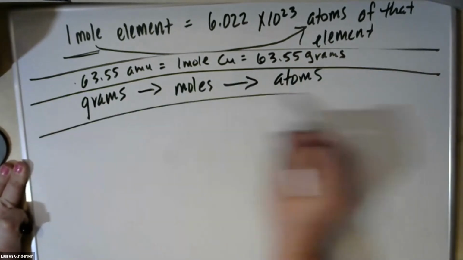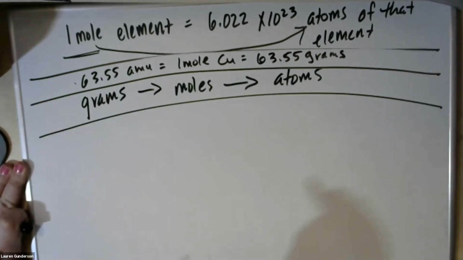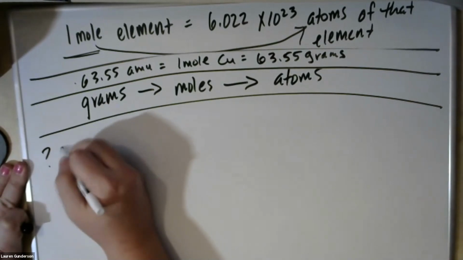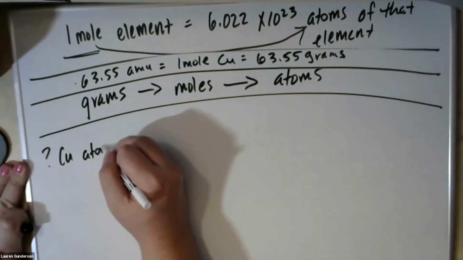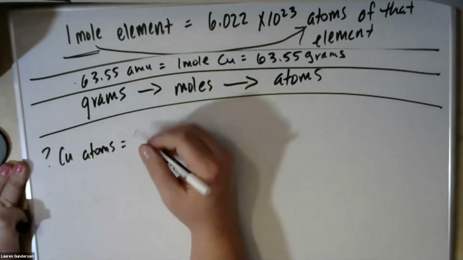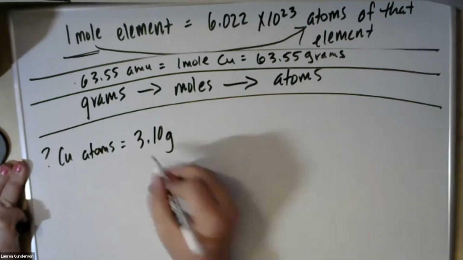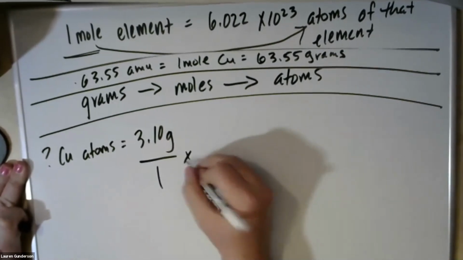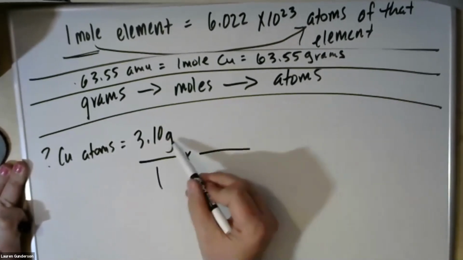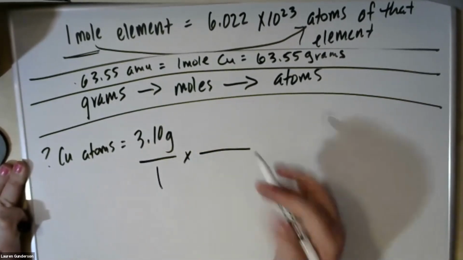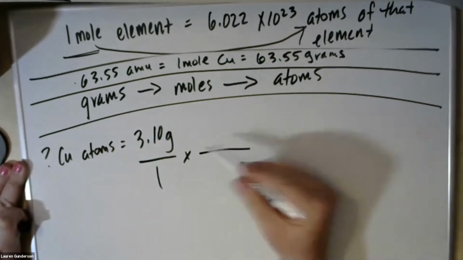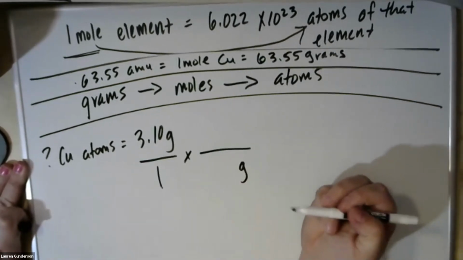Separate out all this information with these lines. So we want to know how many Cu atoms are there in a copper penny with a mass of 3.10 grams. My first step is going to be to put this unit of grams on the bottom of my next conversion so that this grams unit cancels out.